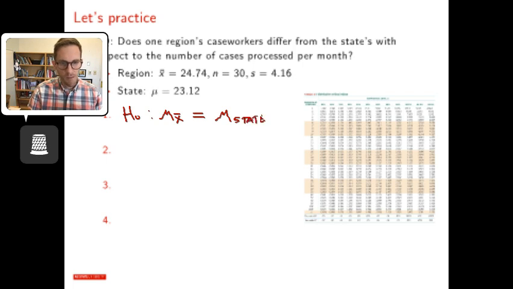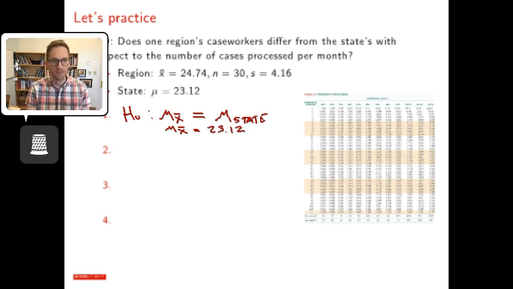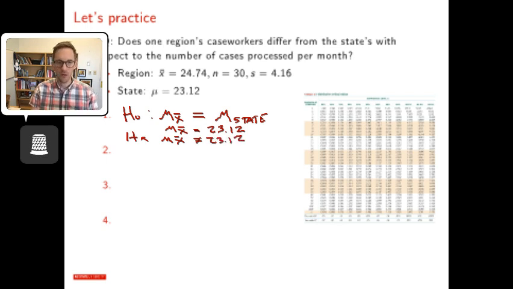Or another way to write that is that the sample mean is going to equal 23.12. And the alternative would be that this sample mean will not equal 23.12, or will not equal the mu for the state.